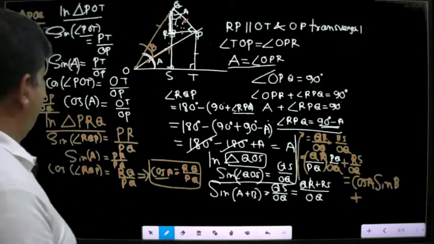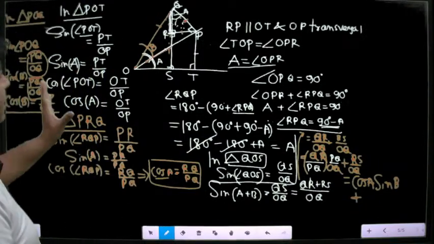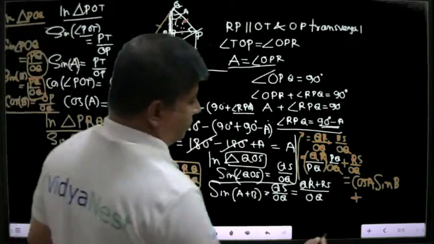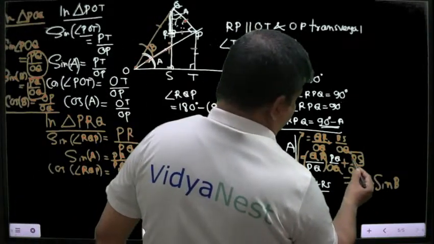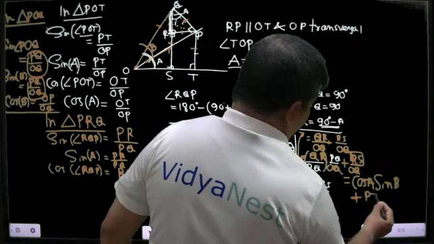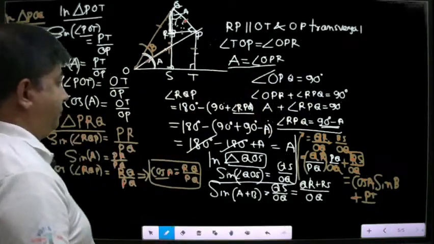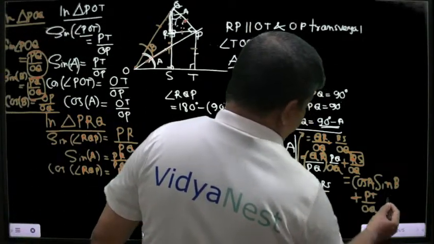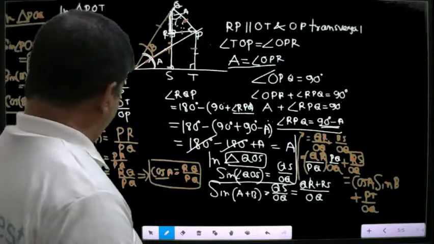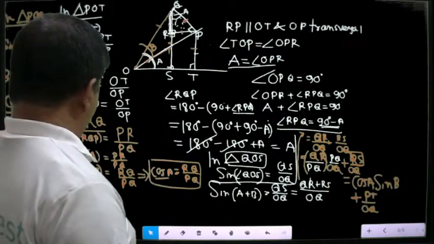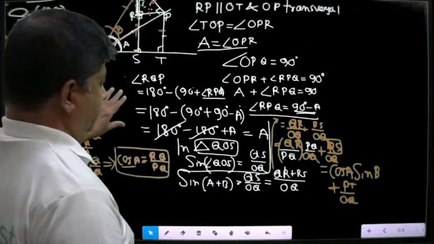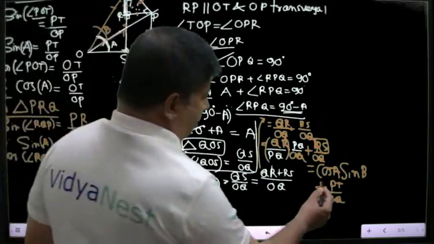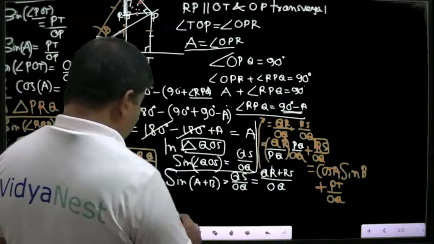RS. With RS, are you getting any term regarding RS? No. But RS and PT are same. So instead of RS, I can write PT. Okay? PT by OQ. So it gives us what?